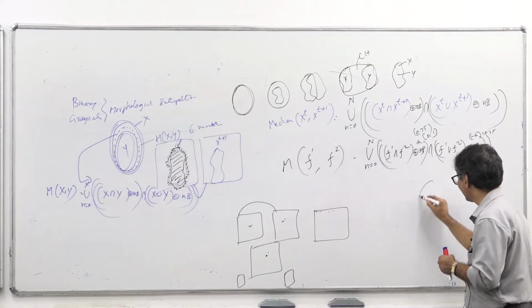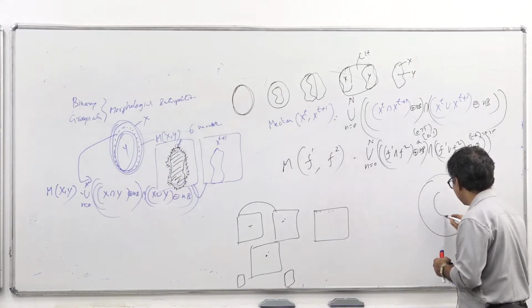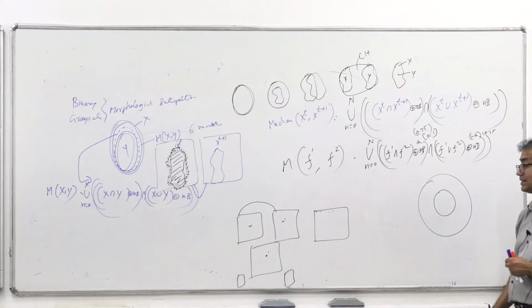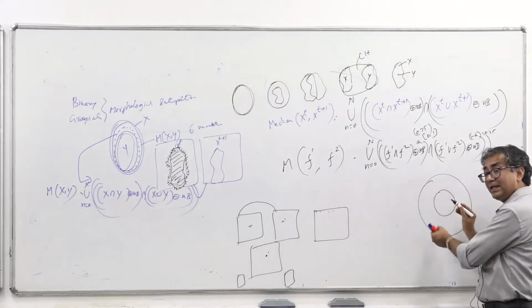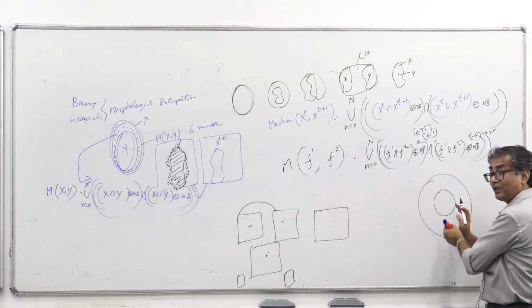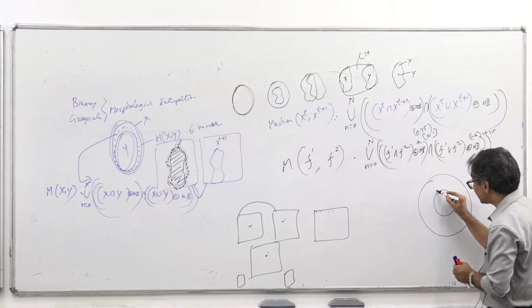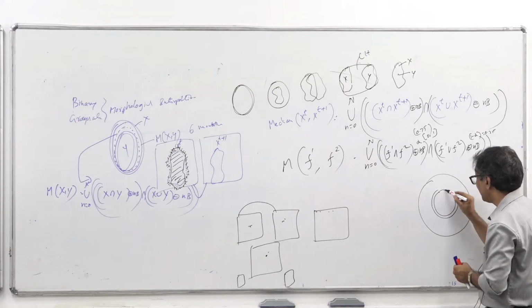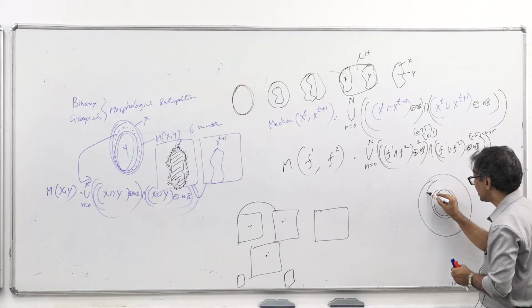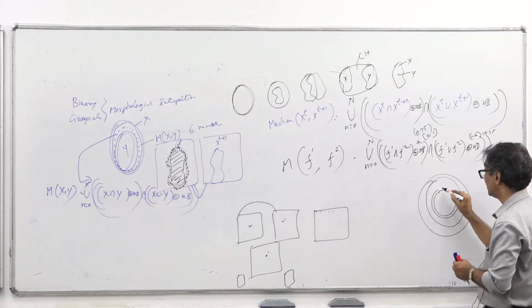So what will happen if these two are the objects in a simple binary case? Intersection would be dilated and union would be eroded. Intersection is getting dilated very slowly, but union is getting eroded much faster.